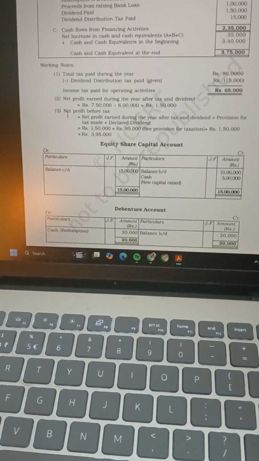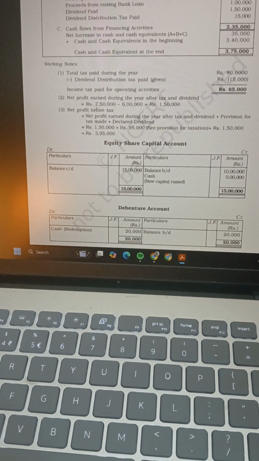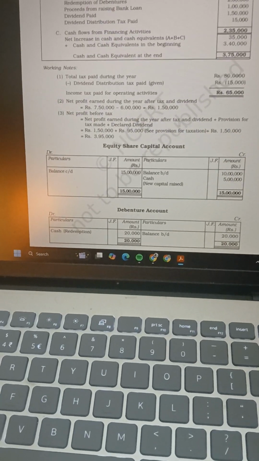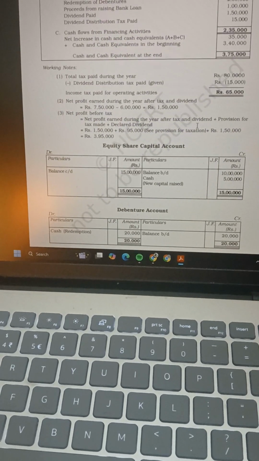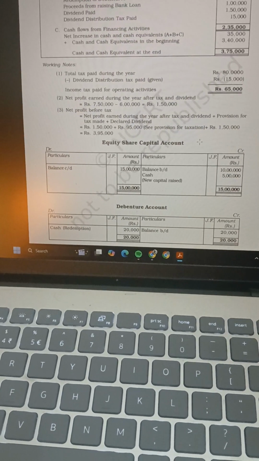Now we have to calculate the net profit before tax. It is calculated by adding net profit earned during the year after tax and dividend, plus provision for tax made, plus declared dividend.